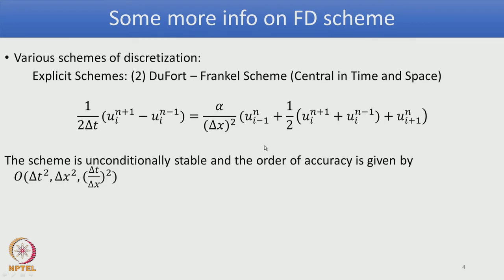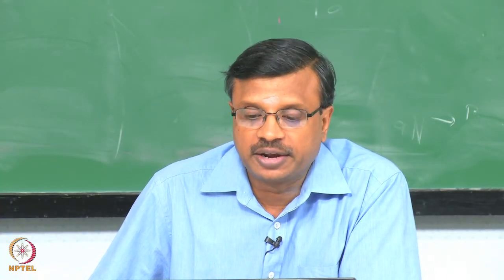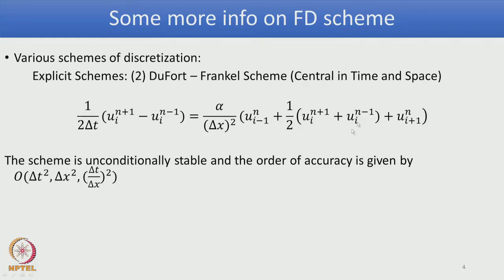This happens to be unconditionally stable. If you recall, we learned that forward in time, central in space is conditionally stable, whereas if you replace one particular term, the middle term, by this central in time, using n+1 and n-1, the stability condition changes from conditionally stable to unconditionally stable.